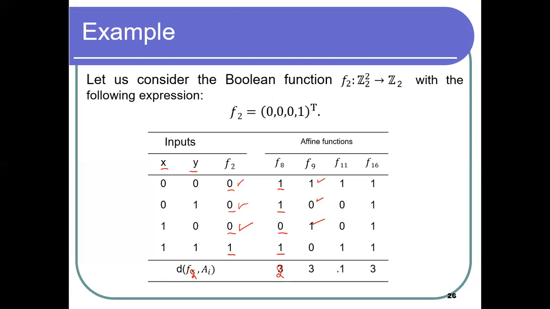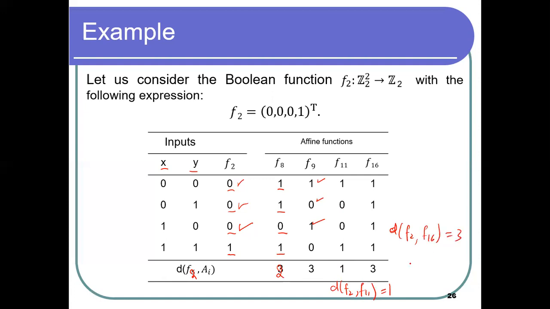Similarly, the Hamming distance between f2 and f11 is 1. The Hamming distance between f2 and f16 is again 3.